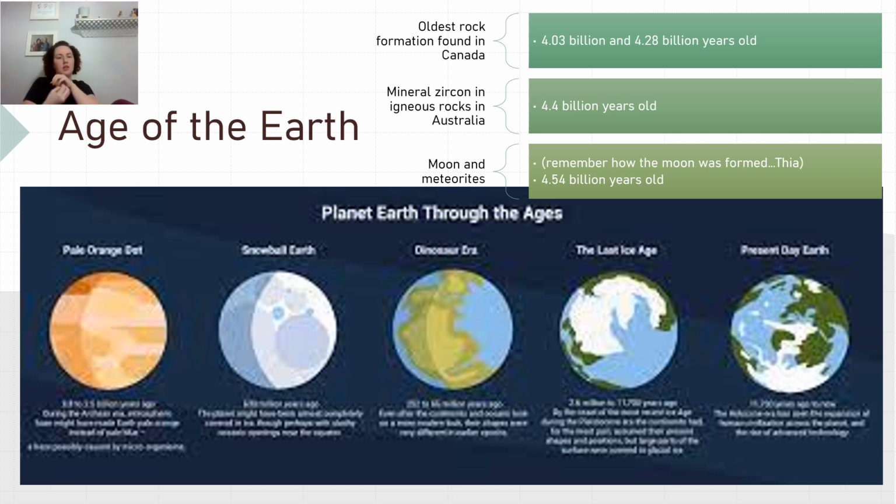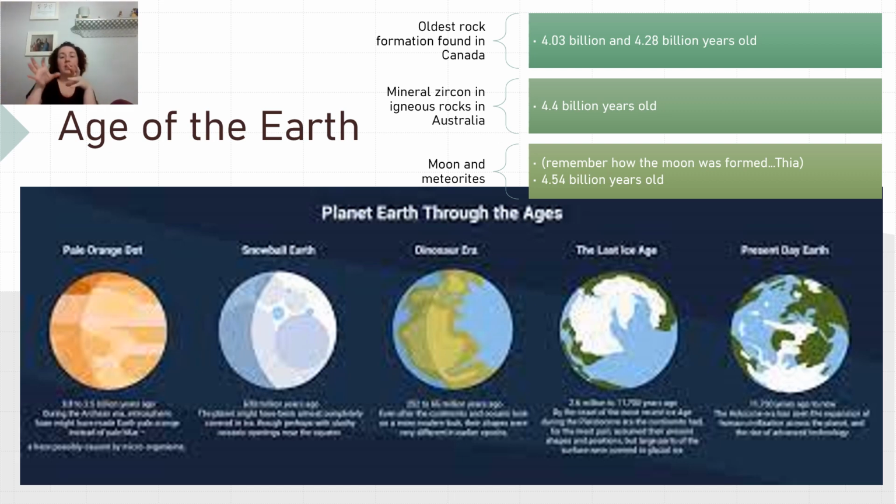Because we were just a hot ball of magma for a while until we started cooling down and solidifying into an actual object, plus we have to remember how the moon was formed. So we had Theia, that big old asteroid that came and hit the Earth, which then shot out all this dust and dirt and rocks, which then actually formed into the moon.